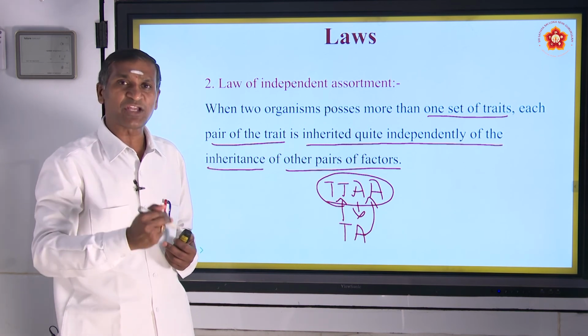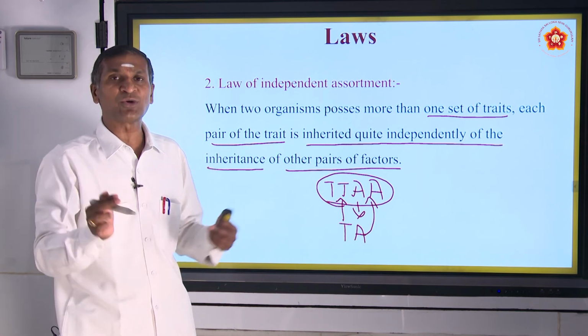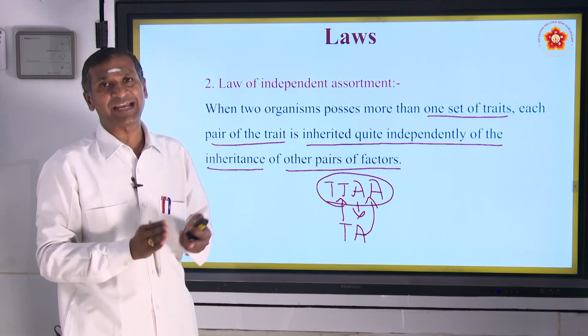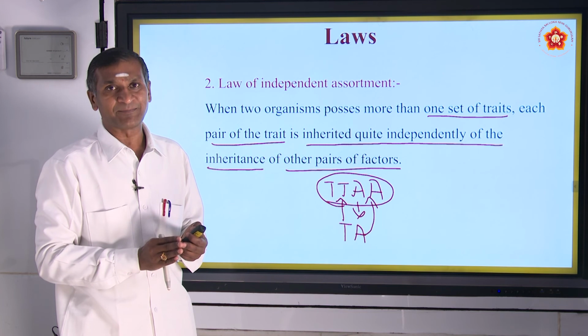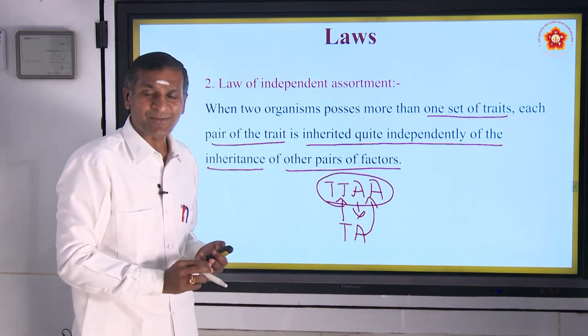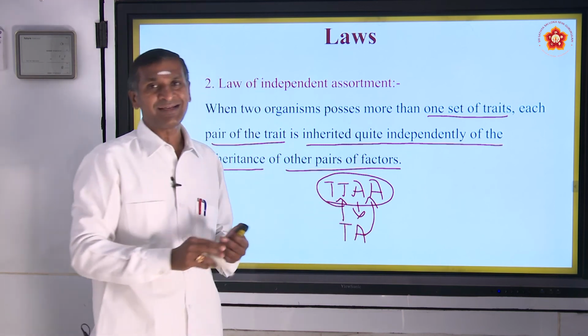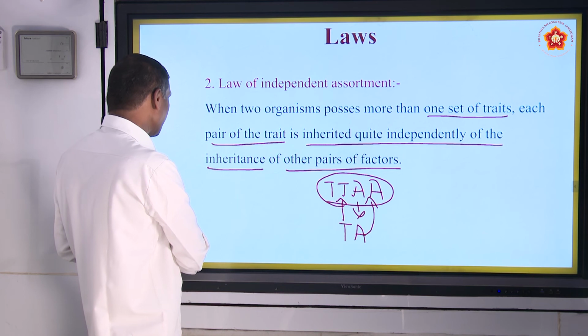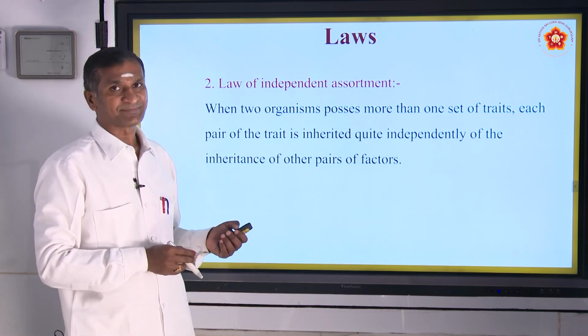They are going to represent their own features, even though they are in combined state, but they show off their characters without hiding. Even though both are dominant, when they produce the gametes, both are showing their characters. This is law of independent assortment.